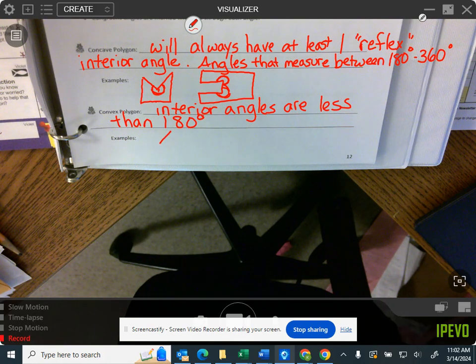So all of the interior angles are smaller than 180 degrees. So all of these angles are smaller than 180.